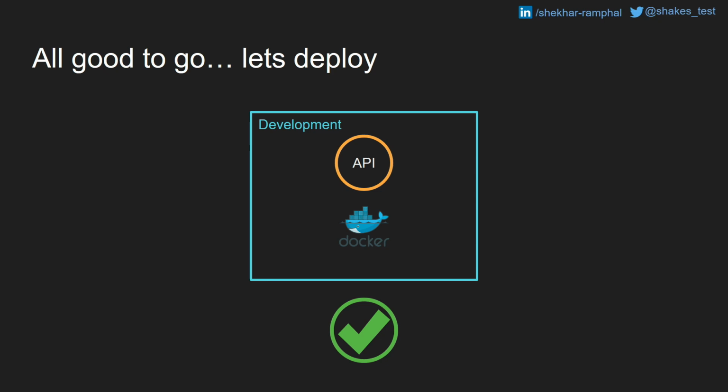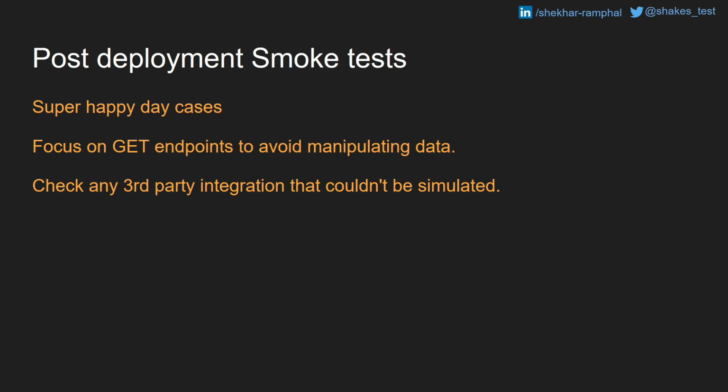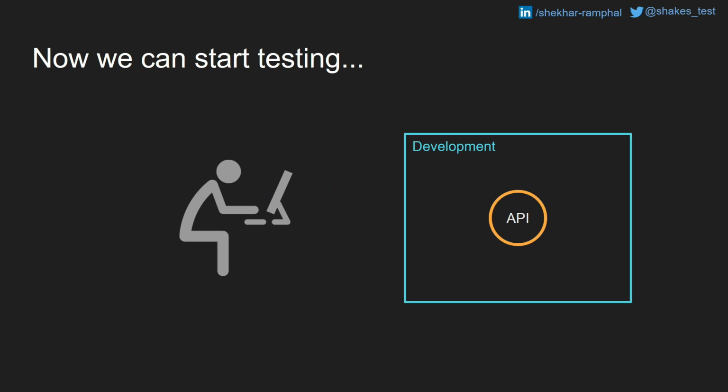I'm not sure whether other people have this problem, but we have this inconsistency where the deployment tooling works, everything goes green, and it says your thing is in the environment. But then when you actually get there, it's not working. That's where smoke tests come into play. Even though your deployment's green, we run some sanity checks to make sure that it is still stable.